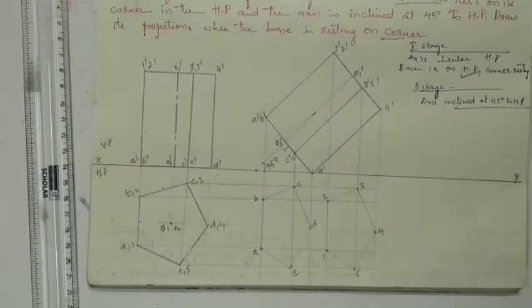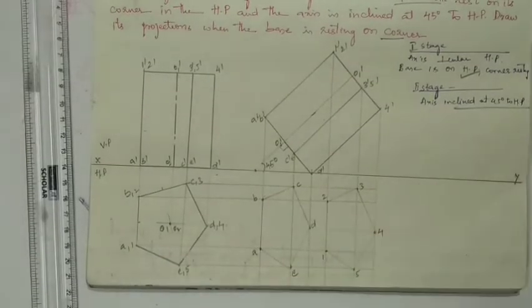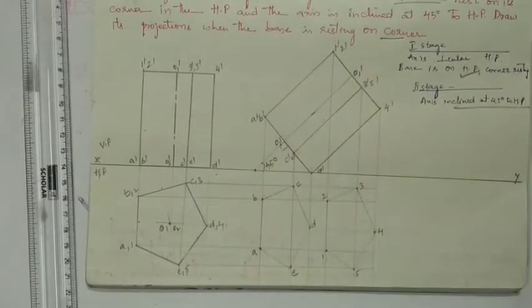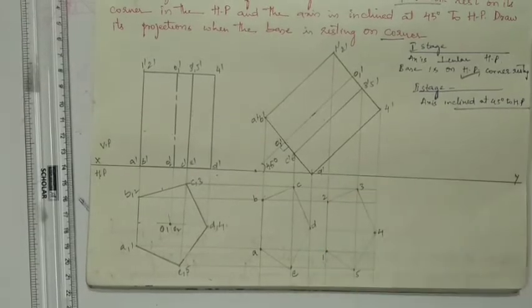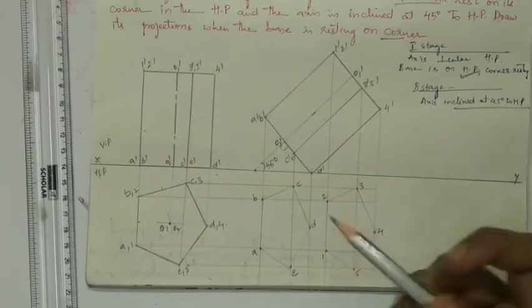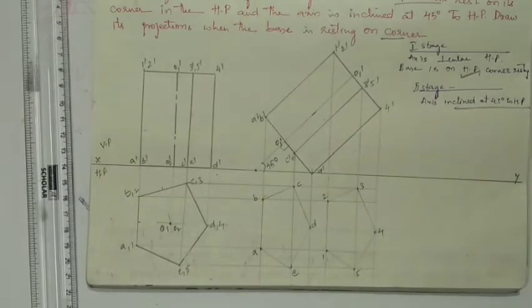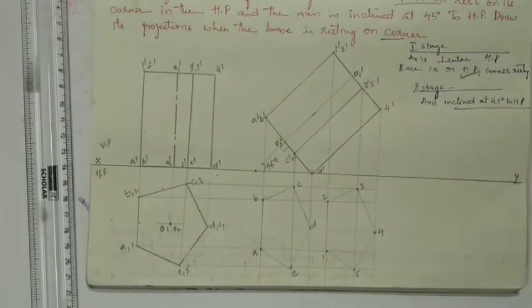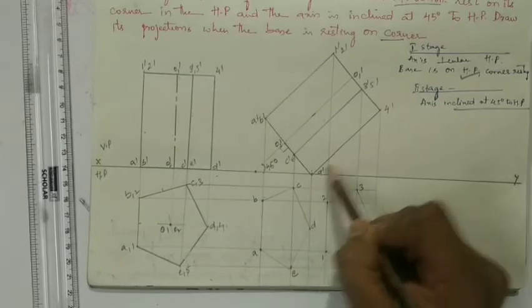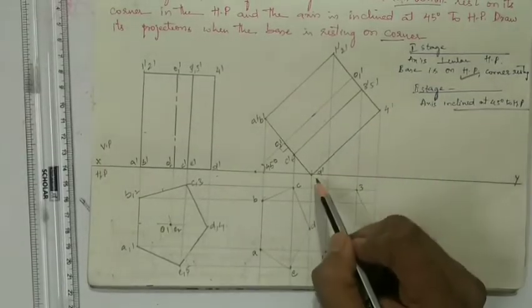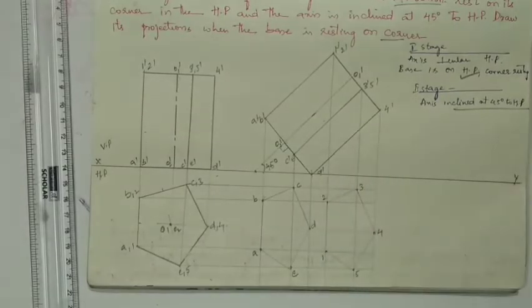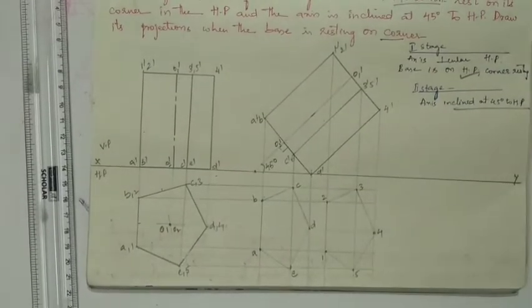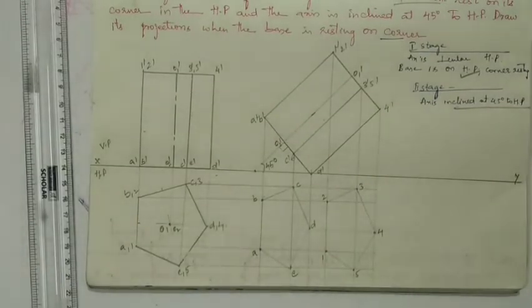As explained in the earlier problem, the same manner applies: the points above the axis line will be visible. In the case of corner resting, the edge on the corner point which is resting on the reference line will not be visible.